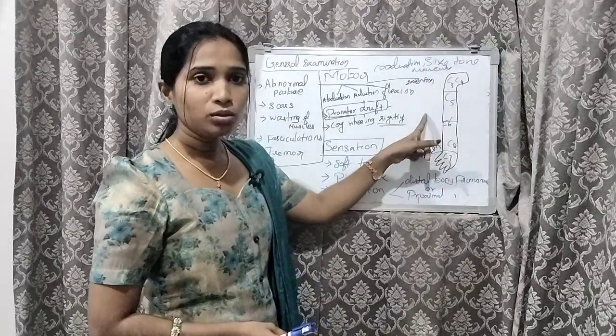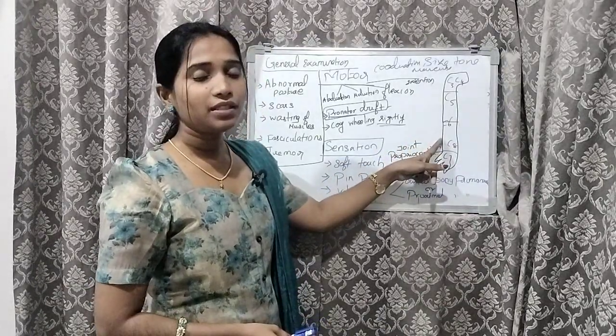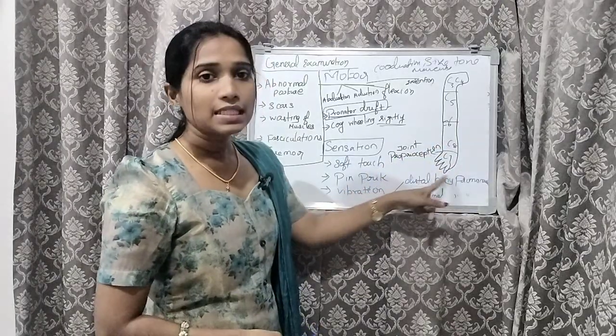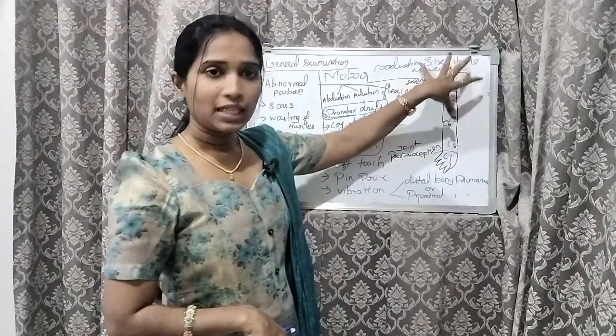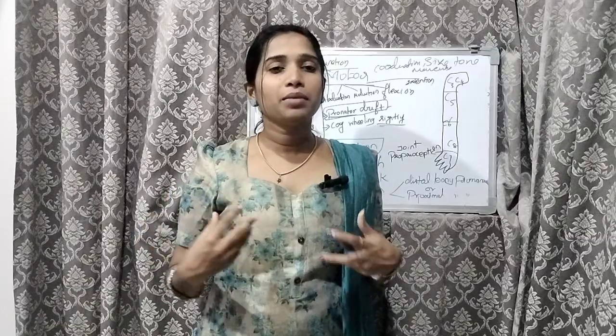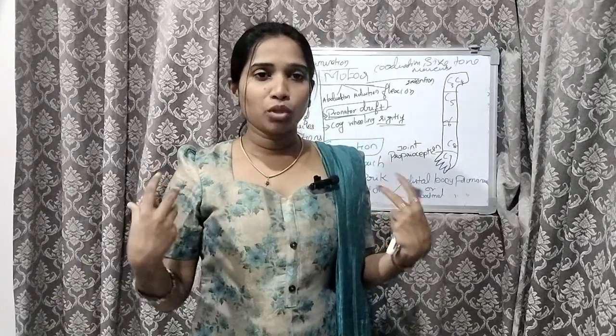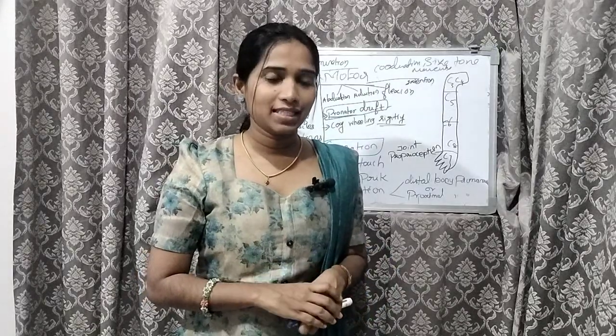For the elbow, C5 and C6, and wrist, C7 and C8. In the fingers, C6 and C7 are there. Clear? So that's why if the person has any spinal cord injury, or any abnormality in the brain and spinal cord, we may have paralysis.